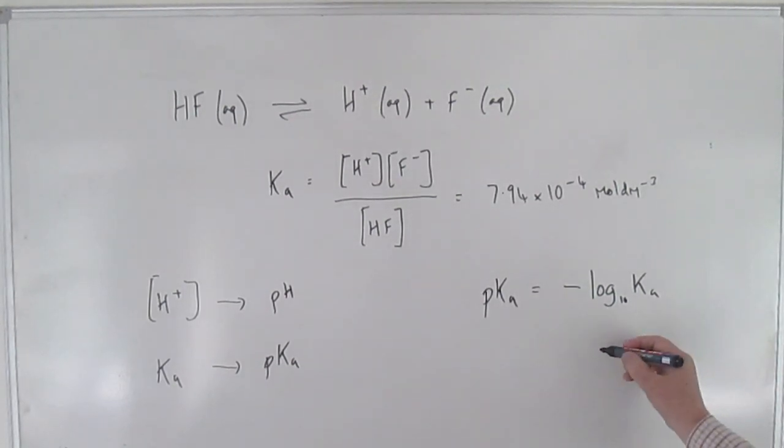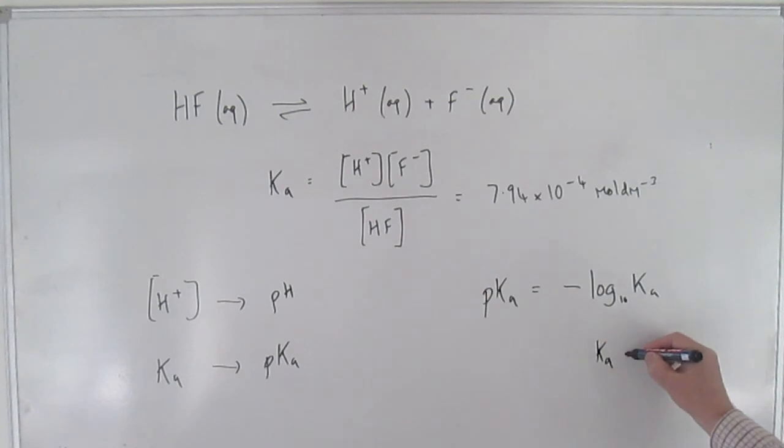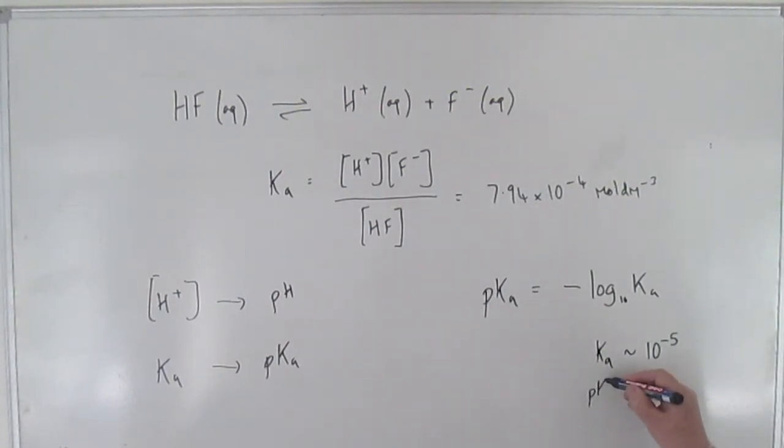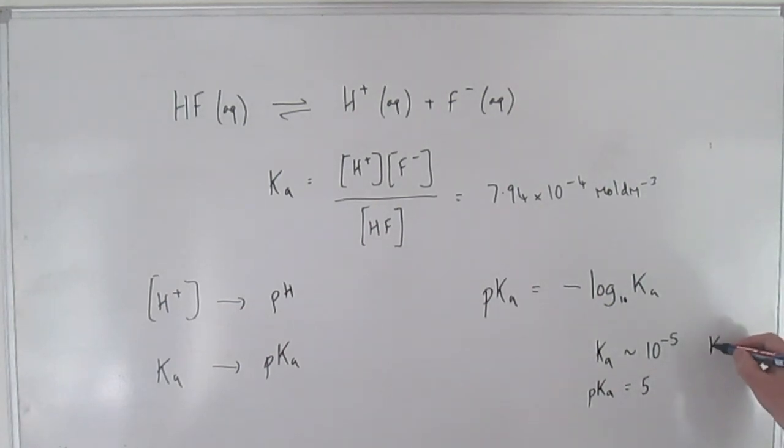So for example, if Ka was about 10^-5, then pKa would be equal to 5. And if Ka was about 10^-7, so it's 100 times smaller, so a much weaker acid, then pKa would be about 7.